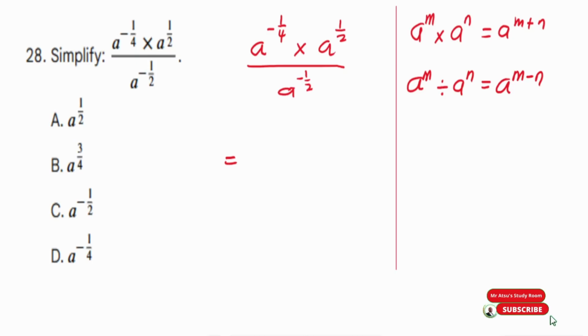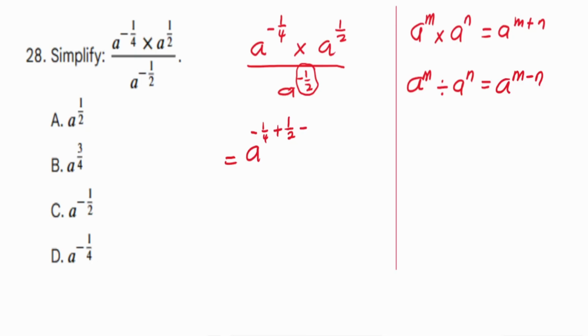So this now becomes, all of it have the same base. So the multiplication will be negative 1 over 4 plus 1/2, and then we come to the division now, which will be minus. Then remember, this is negative 1/2, so don't confuse that minus there for the minus.